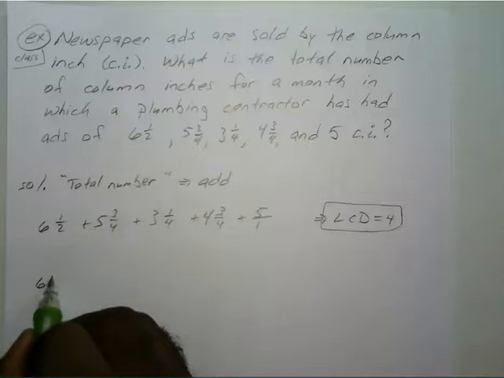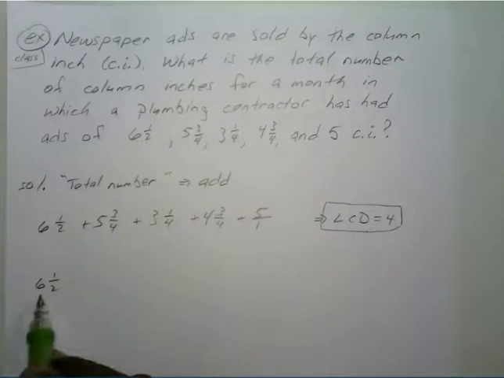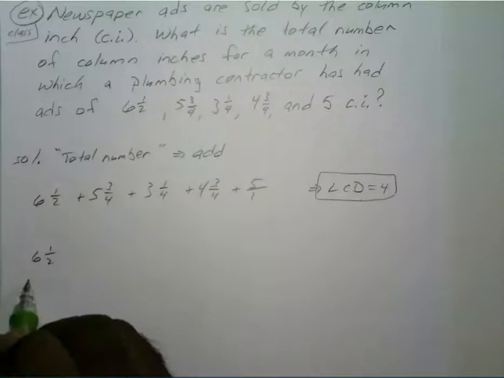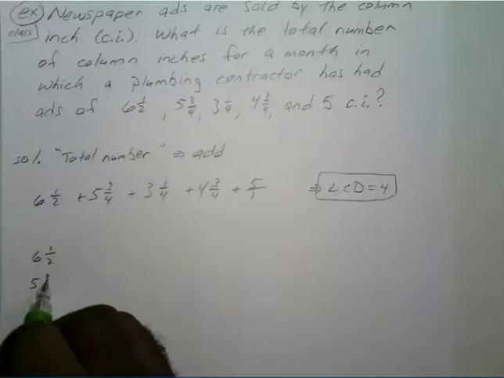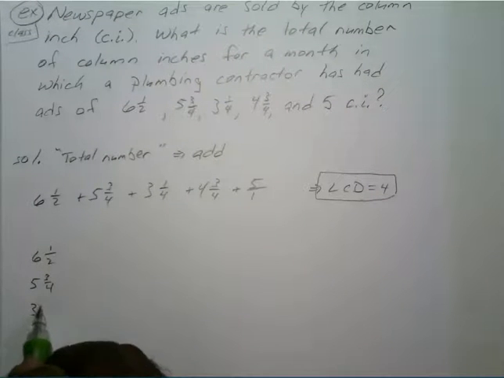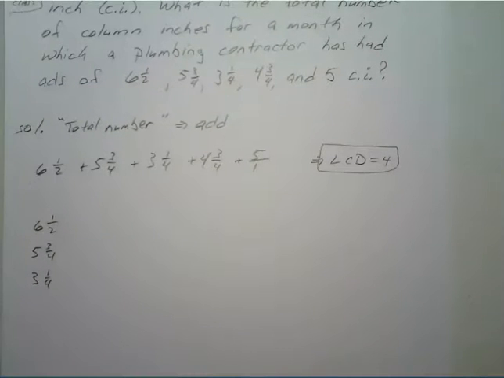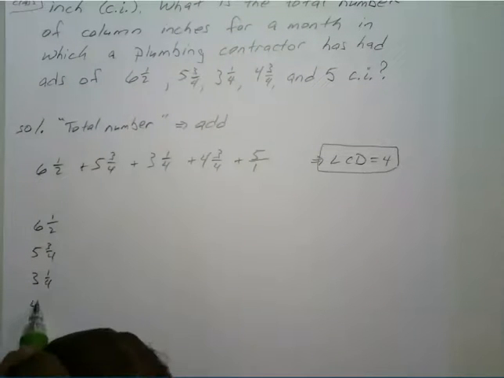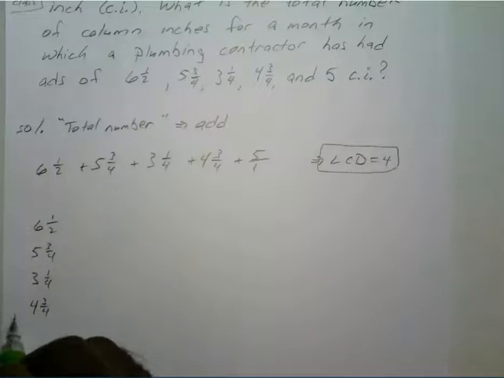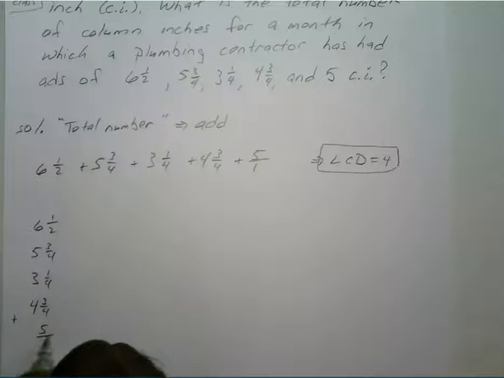I'm going to write these vertically. You have 6 and 1/2, 5 and 3/4, 3 and 1/4, 4 and 3/4, and 5 over 1.